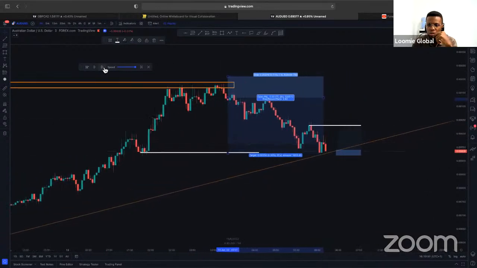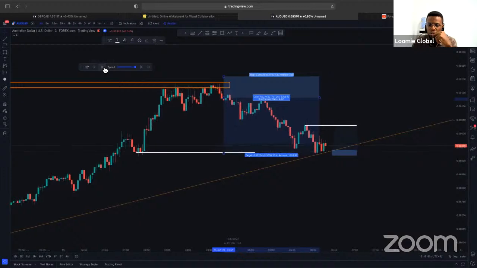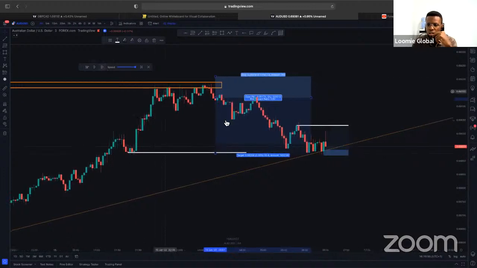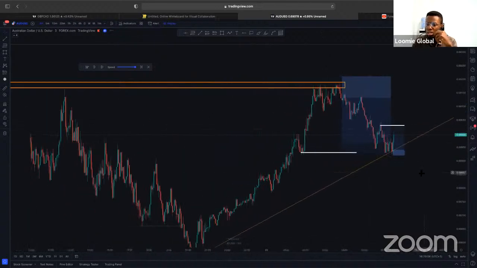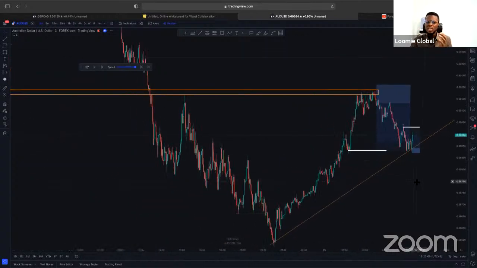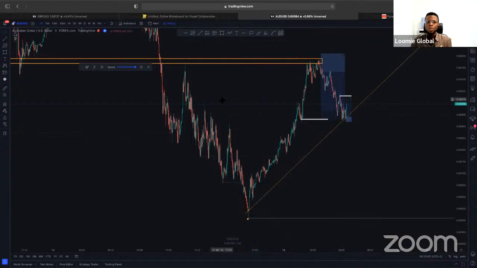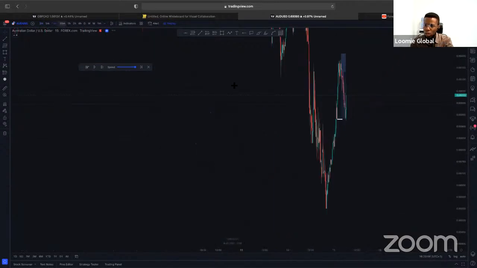But we can see price shooting all the way to our take profit beautifully. And you can see that we have hit our take profit, and our take profit also coincides with the trend line, right?